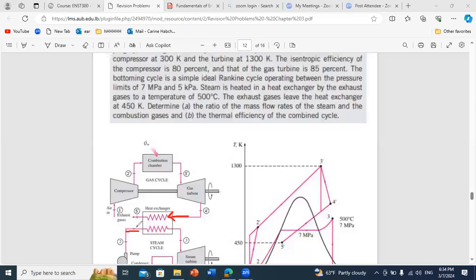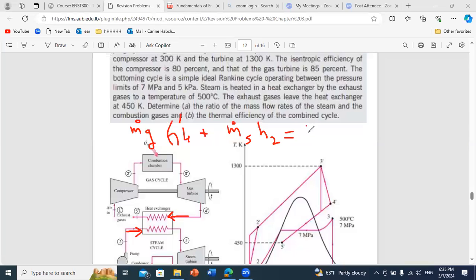So for the inlets, I have m dot gas times h4 prime plus m dot steam times h2, is equal to the summation of m dot out h out.